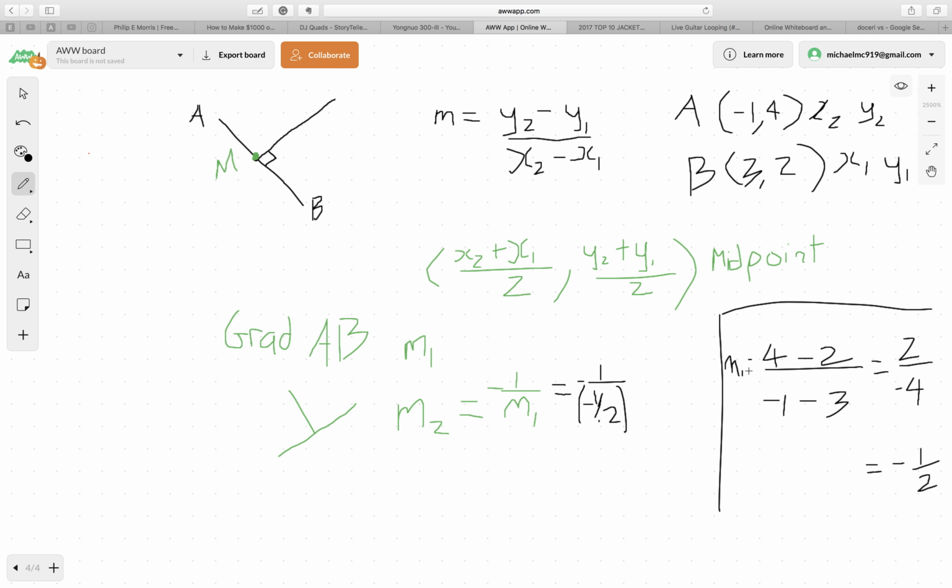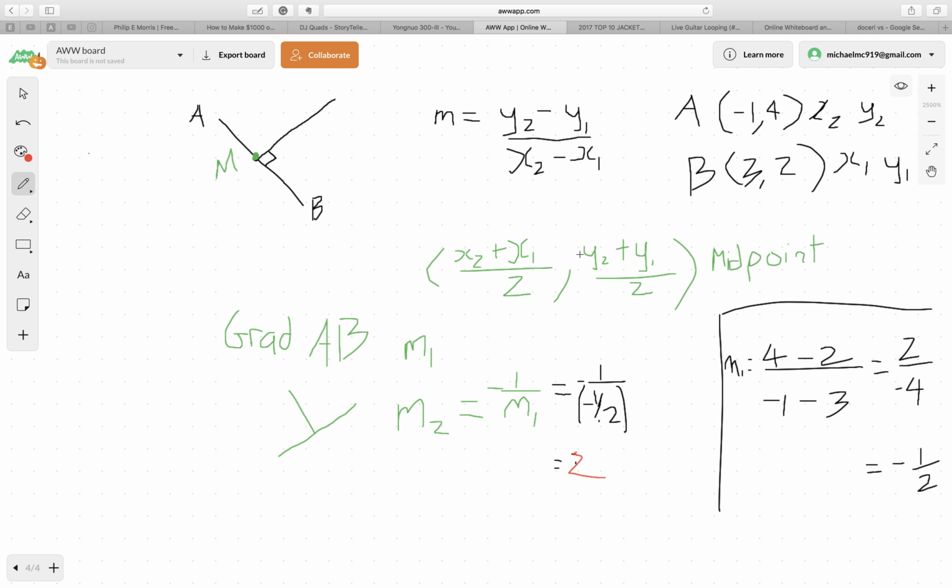So what we do is invert it, so the answer becomes 2. If we invert this here, we'll get 2, and then find the negative of that, it'll be a negative negative, so we get 2. We get 2 for the gradient of the perpendicular bisector.